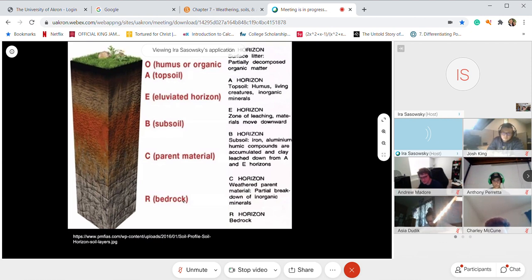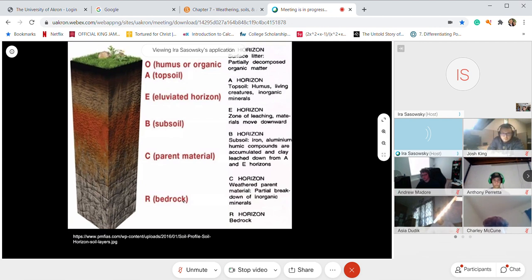Below that is the A horizon, which is commonly referred to as the topsoil. And this has humus in it. It's also got living things. It's got minerals. It's sort of a mix of these different mineral and organic materials, and that's the soil which is best for growing things in.